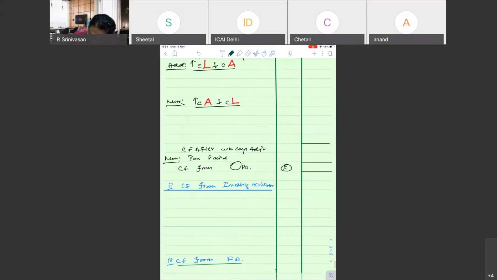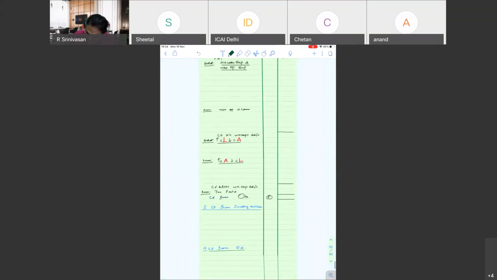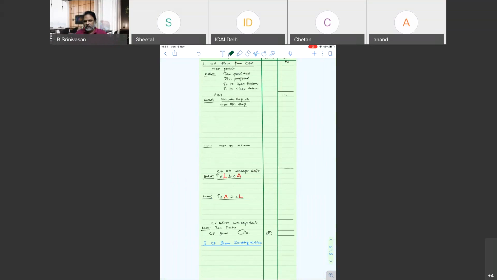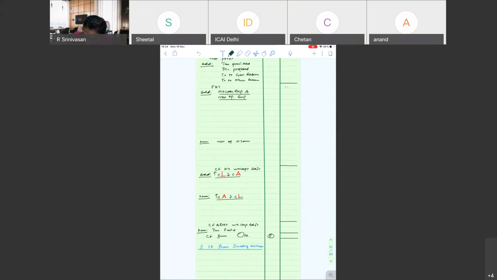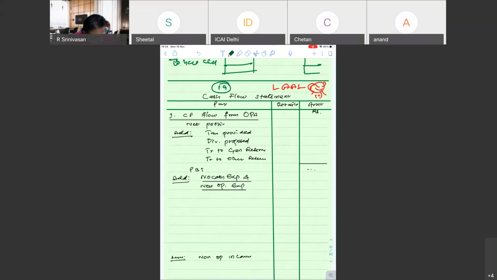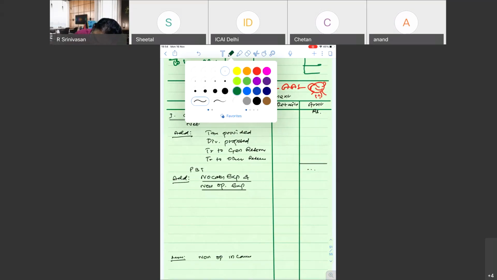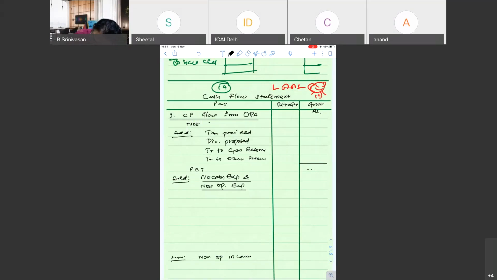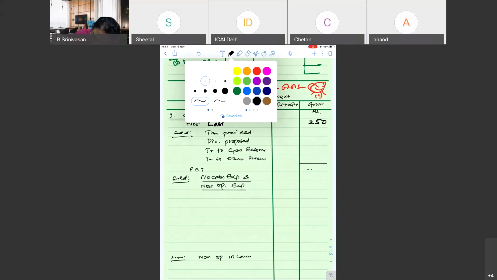Okay, right. So after this, I have opened the accounts and given the space. Now you go for the problems. First, find out what the net profit is here. Closing profit minus opening profit. So this is not a net profit; there is a net loss of 250.